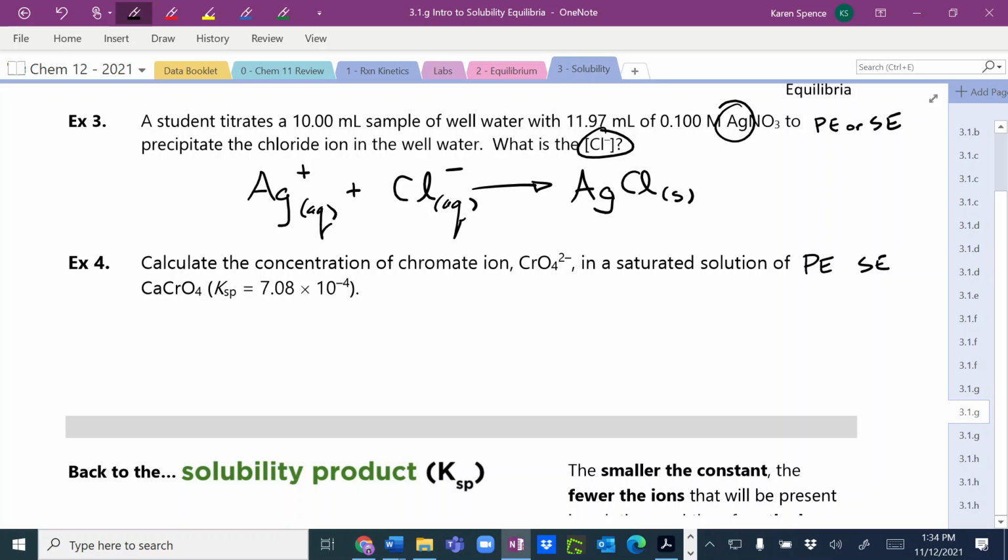All right, we're going to vote either I don't know, precipitation, or solubility. 5, 4, 3, 2, go.